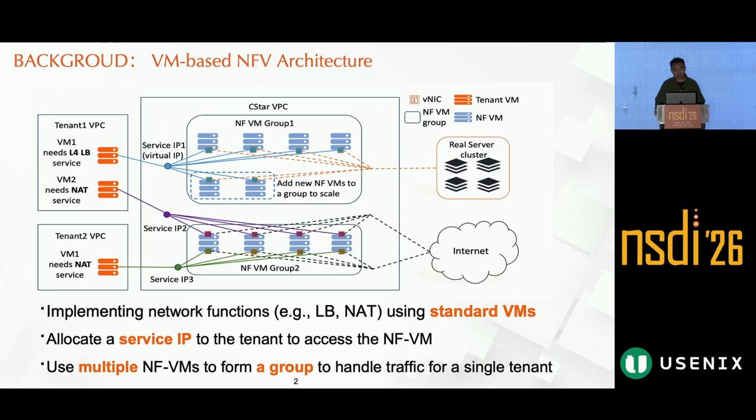However, this reuse introduces a fundamental tension. The existing cloud infrastructure is optimized for tenant VMs, while NF VMs, acting as intermediate network forwarding nodes, have fundamentally different resource consumption patterns.